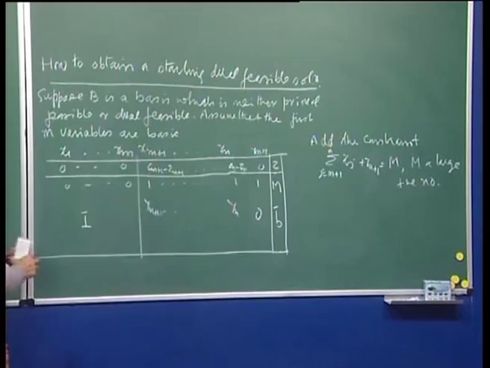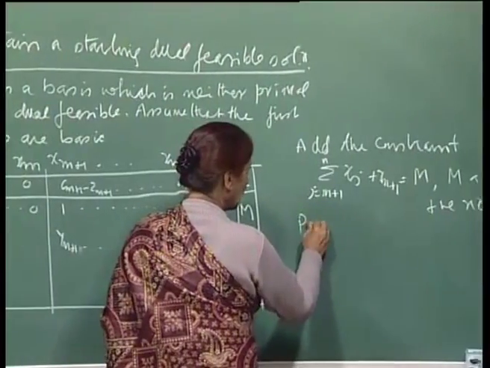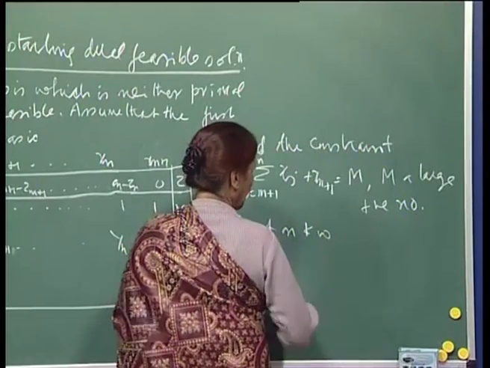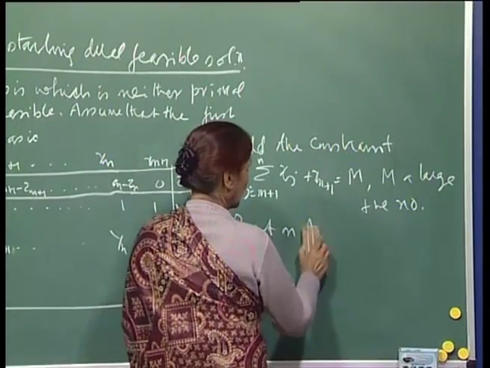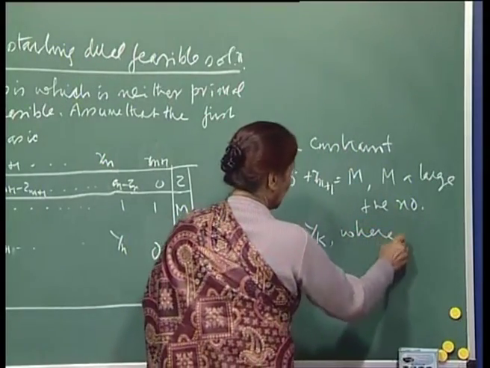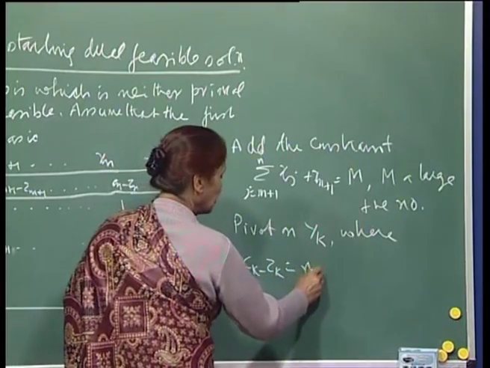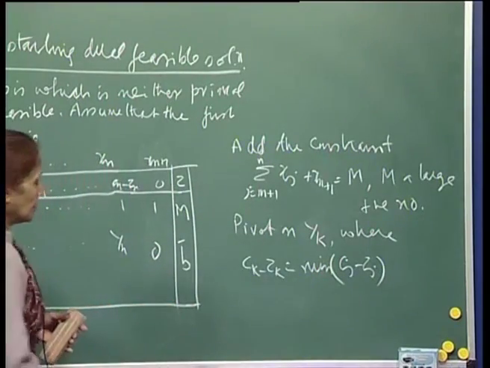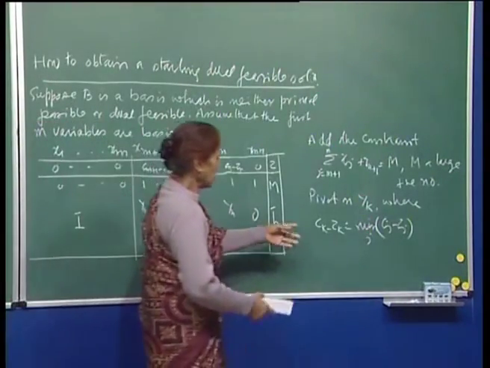Now, I want to obtain dual feasibility. So, what I will do is pivot on y k, where k corresponds to the minimum of c j minus z j over all j, and obviously the negative ones will only figure here, and this is less than 0.